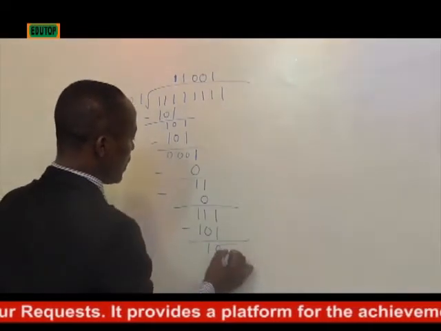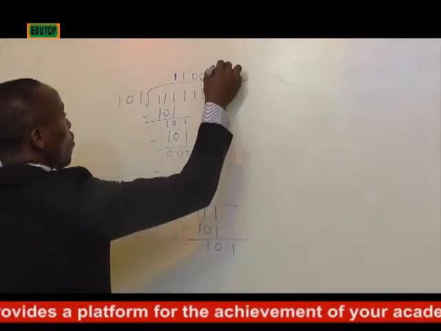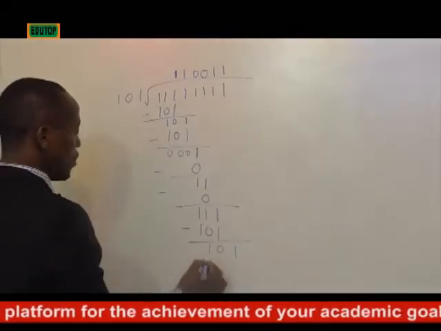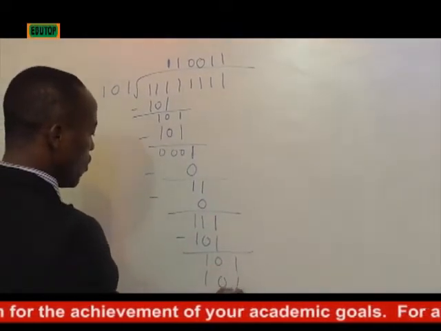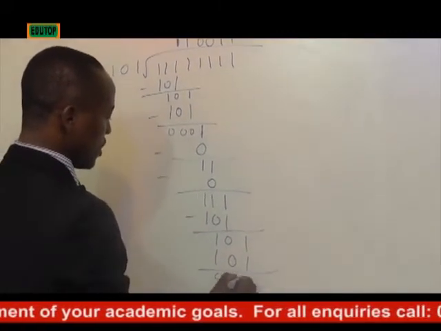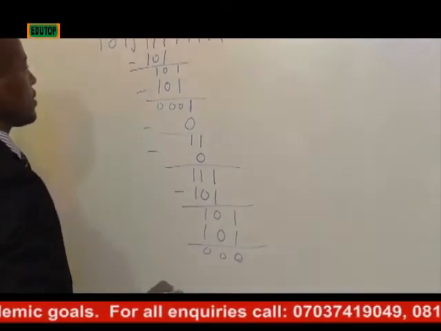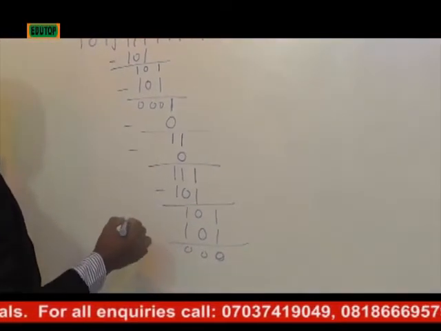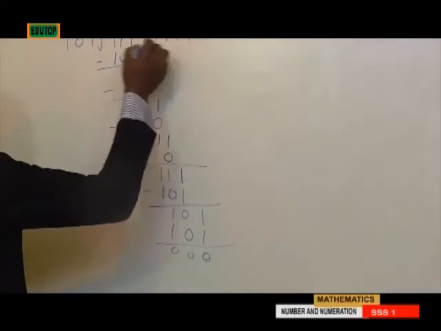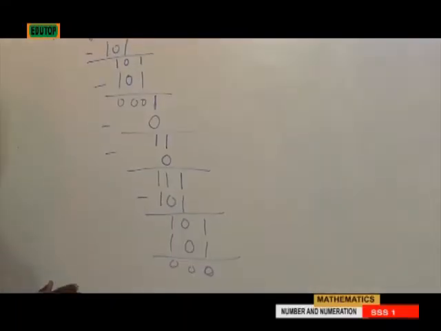So bring down the last one. 101 divided by 101 is 1. 1 times 101 is 101, which gives us 0, 0, 0. No remainder. It's perfect. We are able to divide this set of figures by this without remainder.